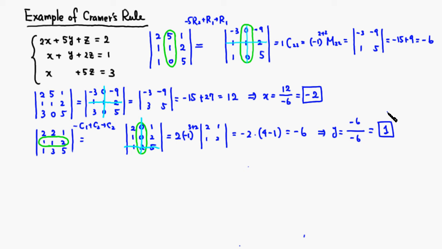And how about the z value? We have to replace the third column: the first two columns, 2, 1, 1, 5, 1, 0, stay the same, and the third column is replaced by the right hand side. Then we need to find the determinant here.